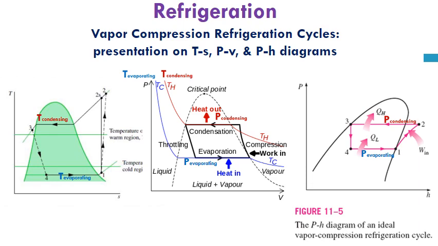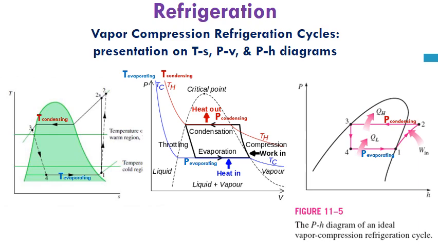Its presentation on pH diagram is very accurate and more accurate than presentation on TS and PV diagram, such that the processes of the components in the evaporation, compression, condensation and expansion devices are shown on 3 lines, straight lines on pH diagrams.